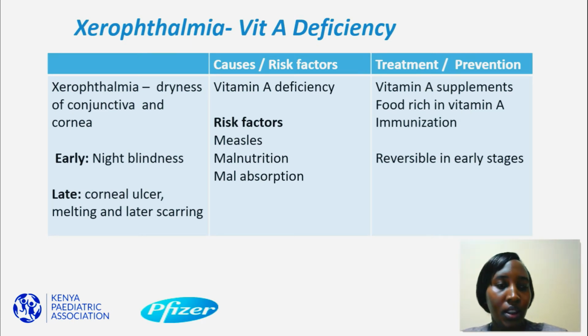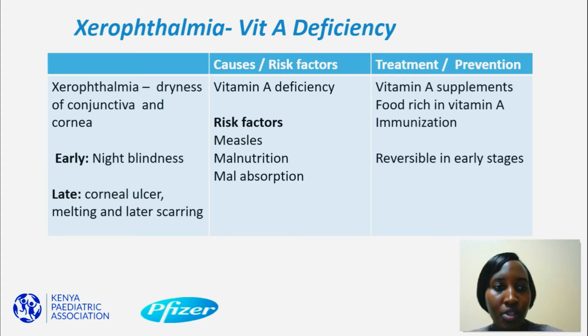Our next condition is vitamin A deficiency. Vitamin A deficiency in the eye is called xerophthalmia, which basically means dryness of the conjunctiva and the cornea. Of importance is that it presents quite early, initially with night blindness, which later progresses to dryness of the cornea and the conjunctiva.